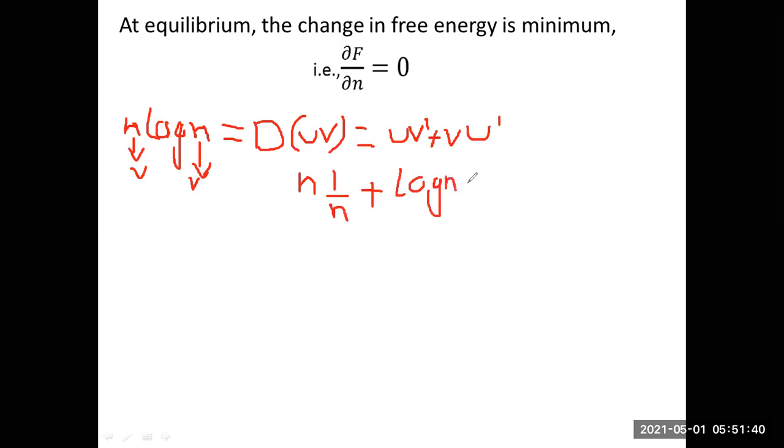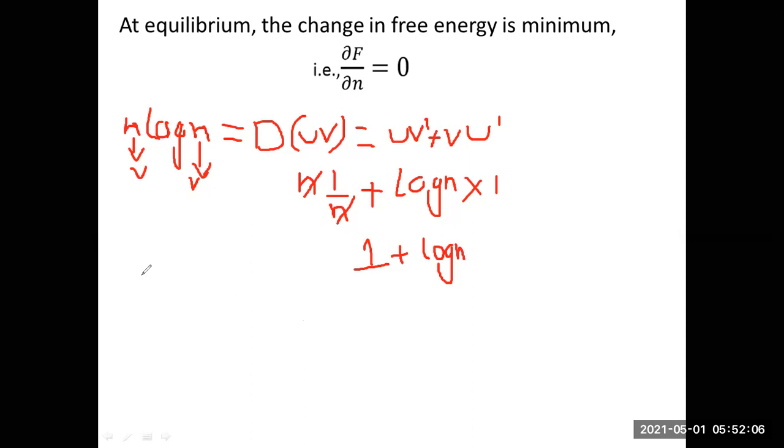And again u dash is n, so this term will be 1. So this and this will get cancelled. What is remaining here? The differentiation of n log n is 1 plus log of n. So like this, you can simplify it individually.